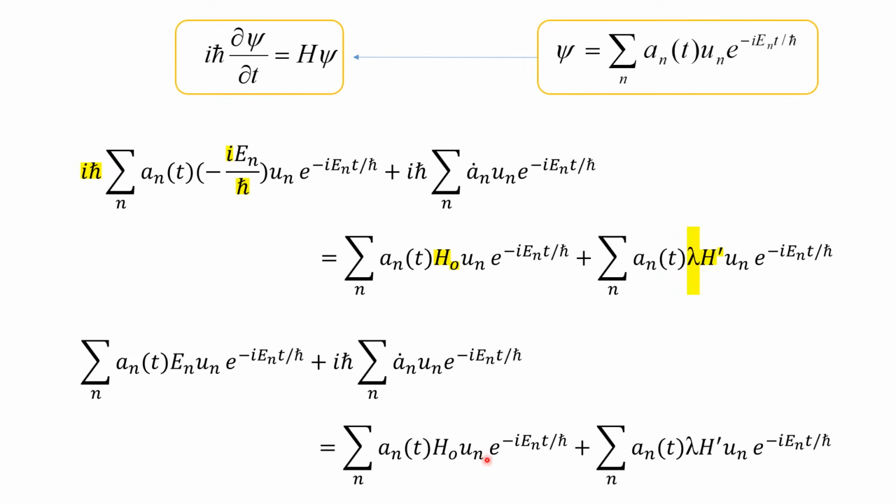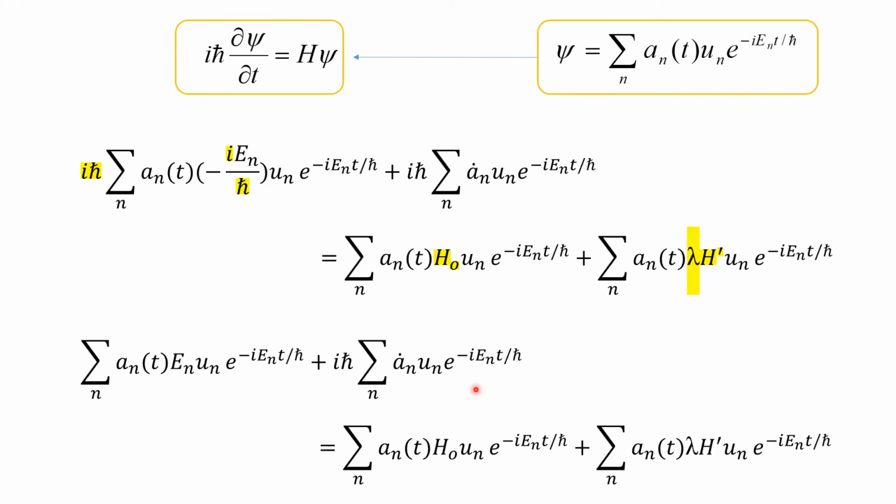Now you take the first term of the right hand side, that is, when H naught acts on this wave function, you will get the wave function ψn and you will get En. So the first term of the left hand side will get cancelled with the first term of the right hand side.